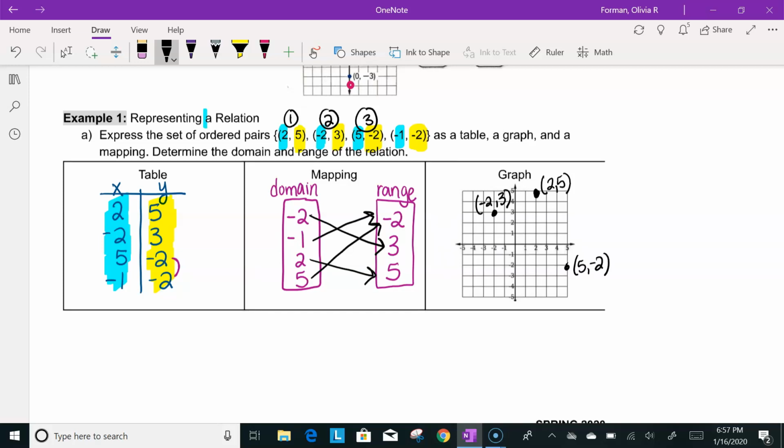And again, I'm just writing these in so it gives you another reference when you're looking back to remember how to graph if you get confused about the x and y. And the last point right there is -1, -2. So we go left 1, down 2. Okay?